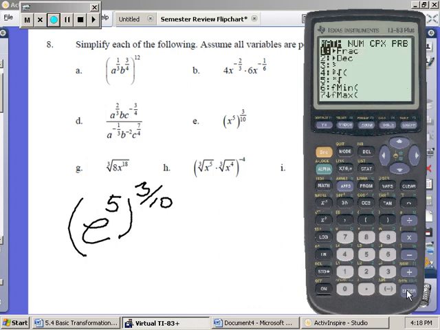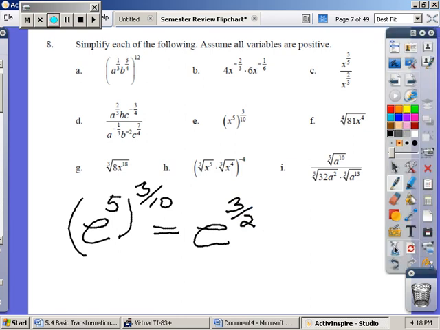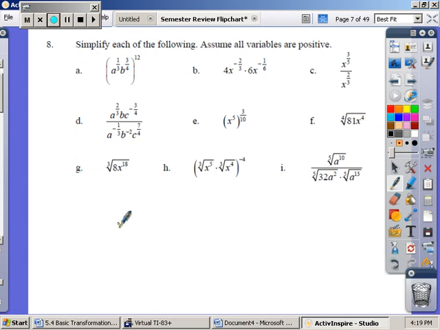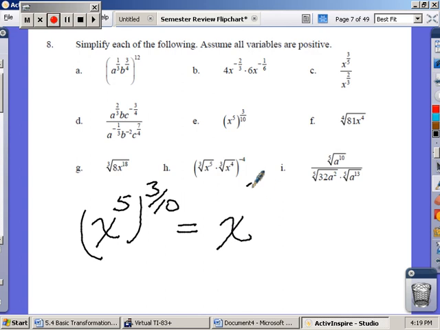Math, enter, enter, 3 halves. I'm sorry, they should be x's. We'll do that one again. x to the 5th to the 3/10 will give you x to the 3 halves.